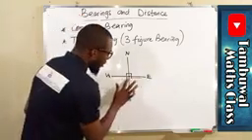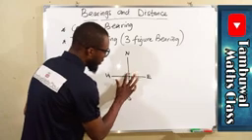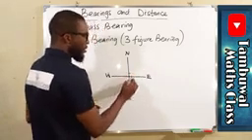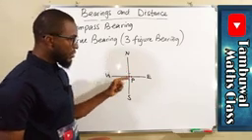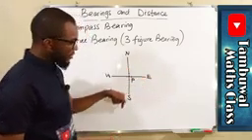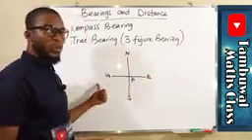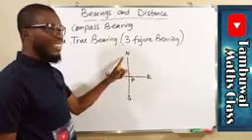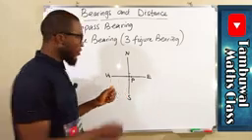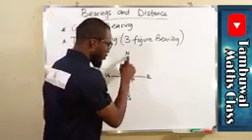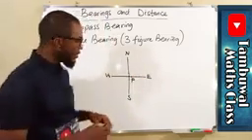Suppose this point here, this center, is P. This is north of P, this is east of P, this is south of P, and this is west of P. The north of P is 0 degrees. The east of P is 90 degrees, because in between north and east is 90 degrees.